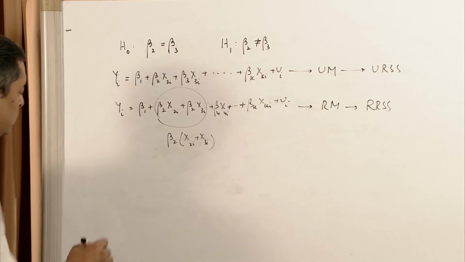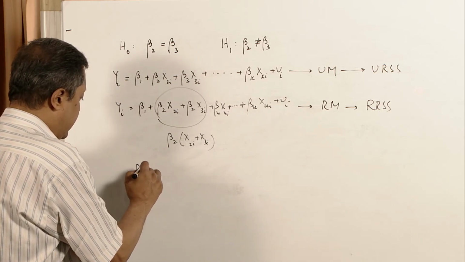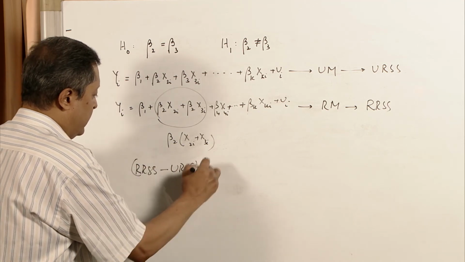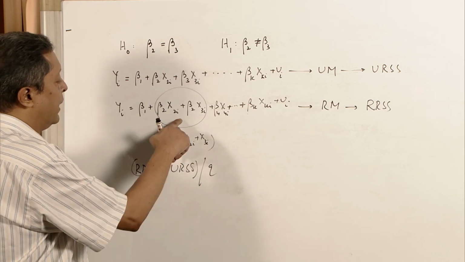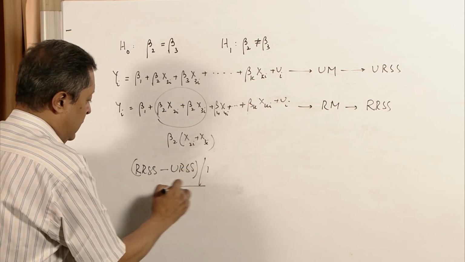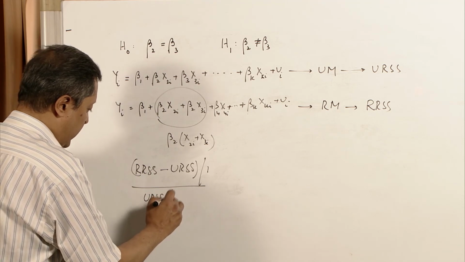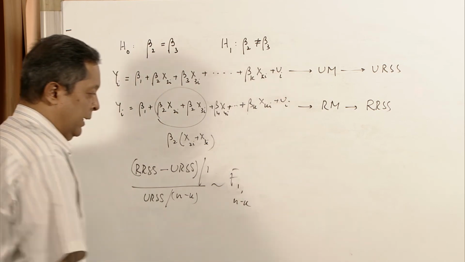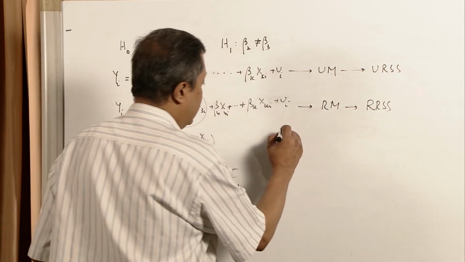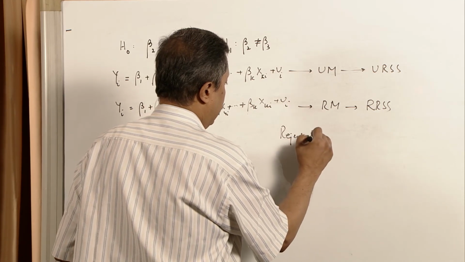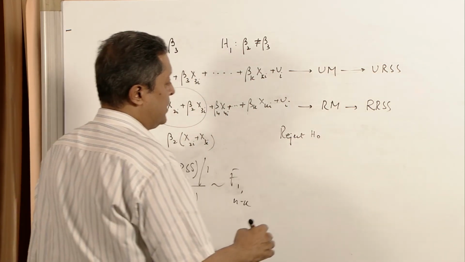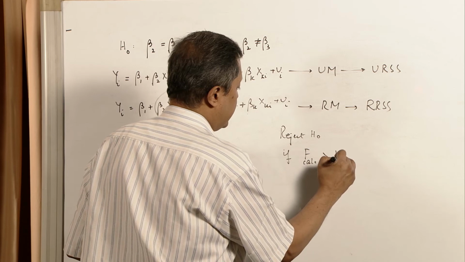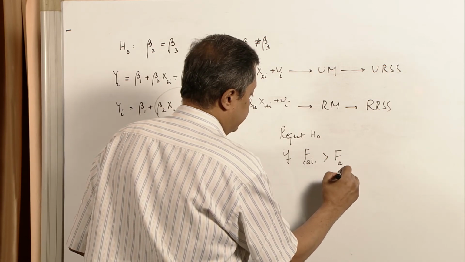And finally, we apply the same formula, that is restricted residual sum of squares minus unrestricted residual sum of squares divided by q, the number of restrictions, which is 1 here, all upon the unrestricted residual sum of squares by n minus k. That will follow F with 1 and n minus k. In all these cases, we reject H naught at the appropriate level of significance if F calculated exceeds F critical.